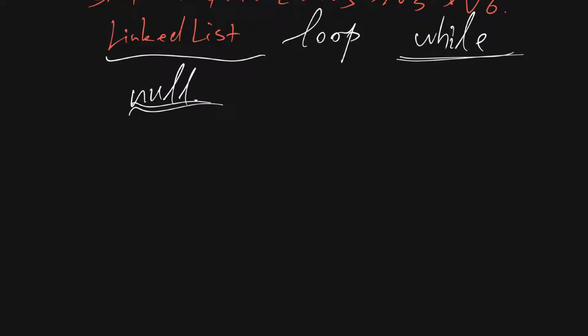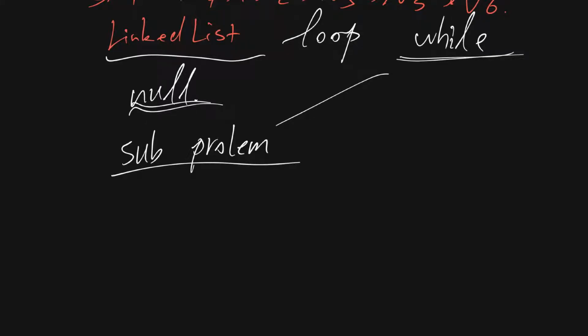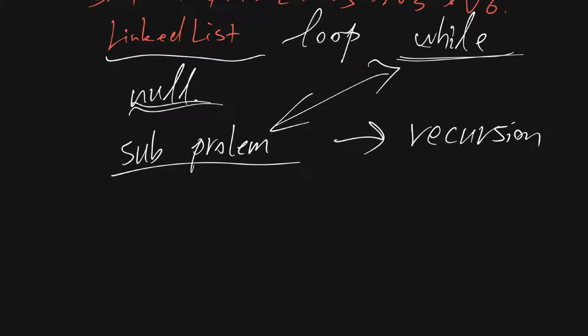But sometimes when the question gets difficult, I mean, counterintuitive, let's put it that way, you probably want to think, is there a sub problem? Do you see where I am going with this? Yes, I'm saying sometimes if you can't make the link between the while loop and the sub problem, probably try a recursion.